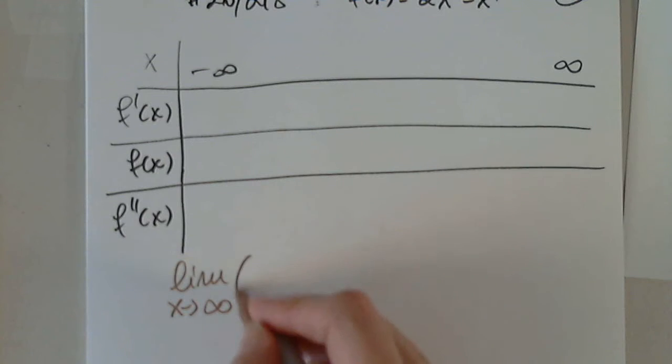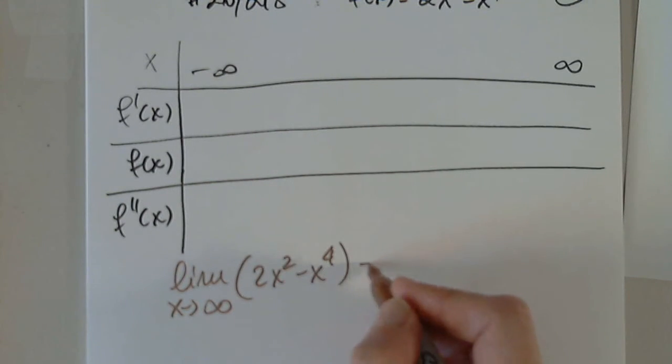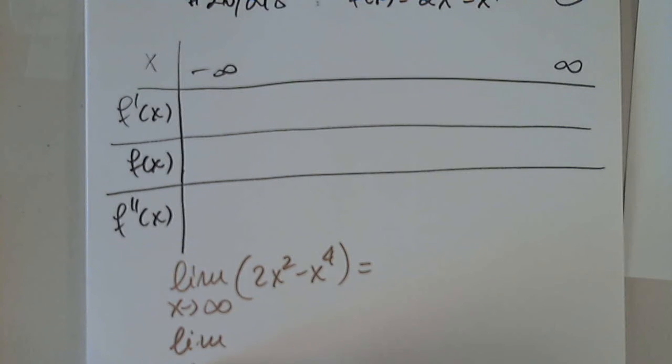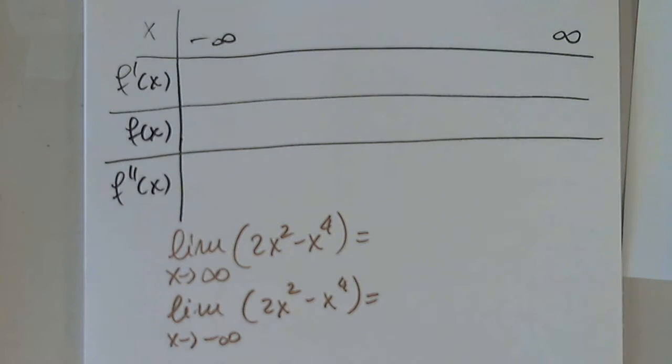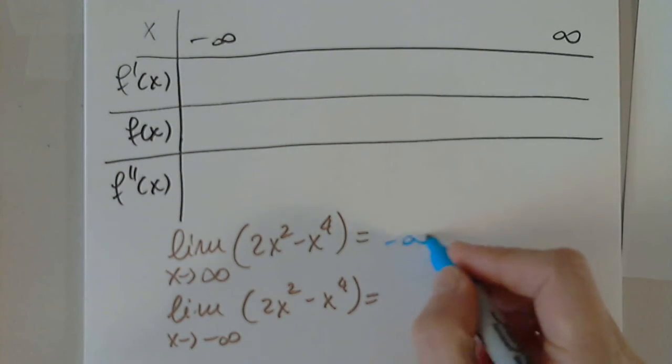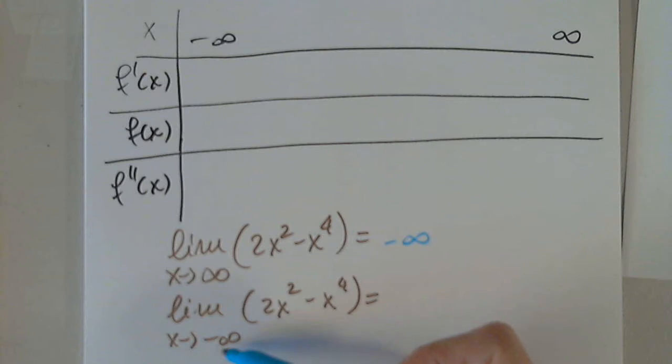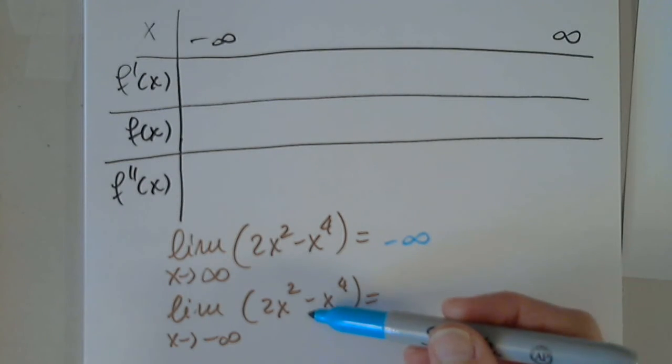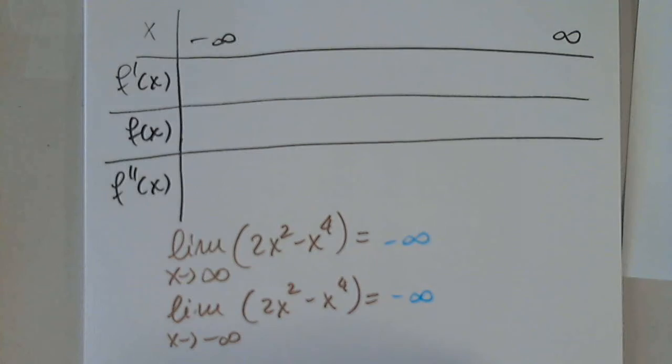Limit as x approaches infinity from 2x squared minus x to the fourth, and limit as x approaches negative infinity from 2x squared minus x to the fourth. Can anyone give us these two limits? So this is too small. When I plug in infinity with minus in front, it will be negative infinity. And when I plug in negative infinity, this is still infinity with minus in front, so it's still negative infinity.